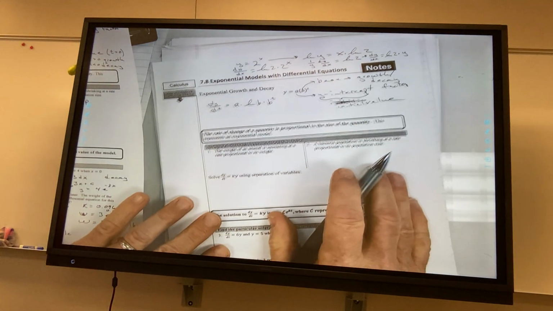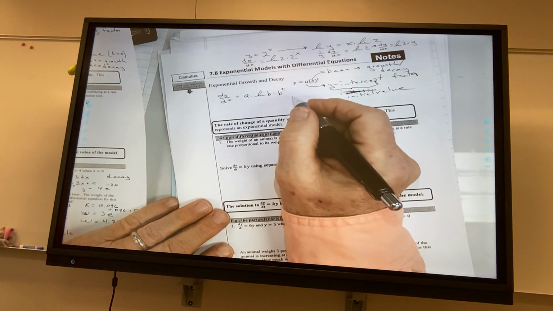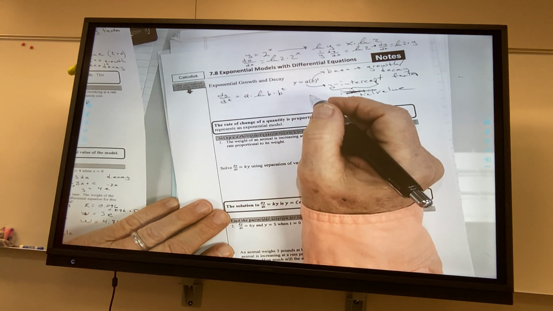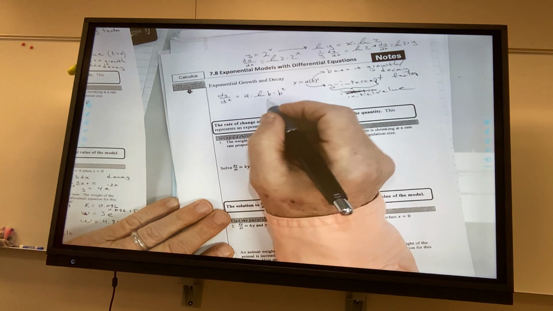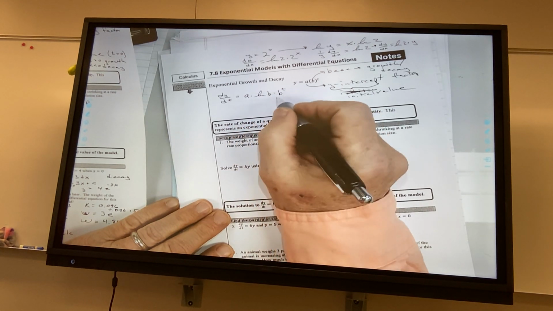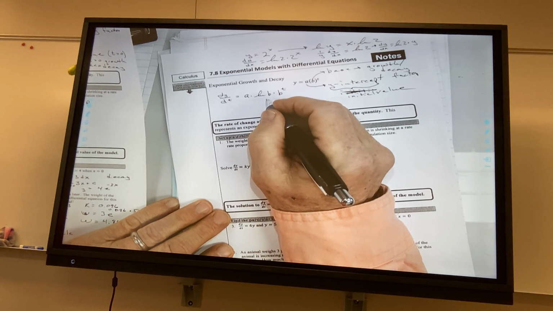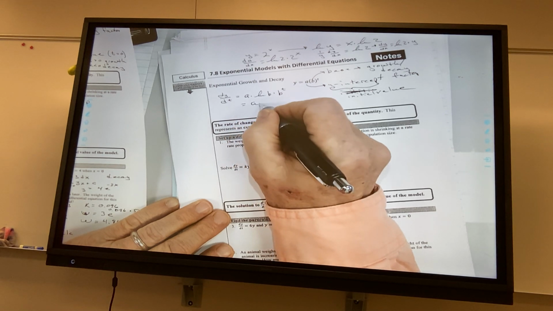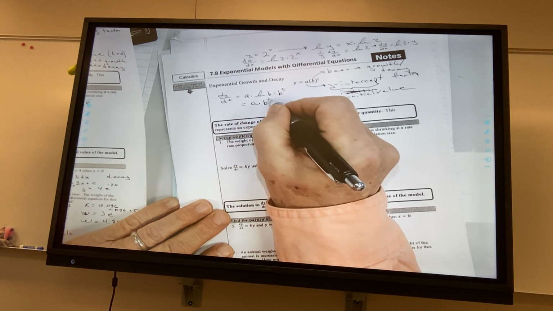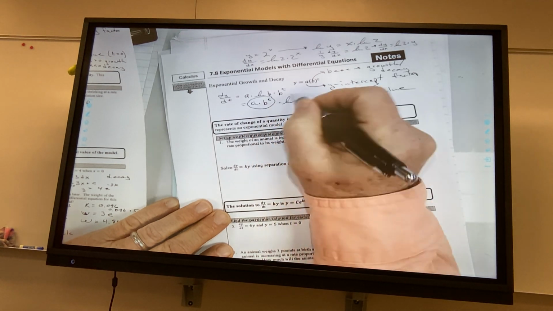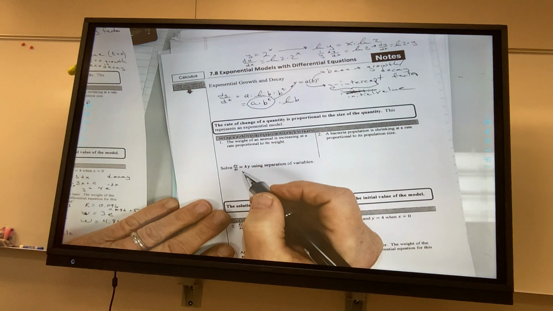Okay. So then what I can do is, this thing right here, this product, notice that I can rewrite it like this. This right here is y, isn't it?